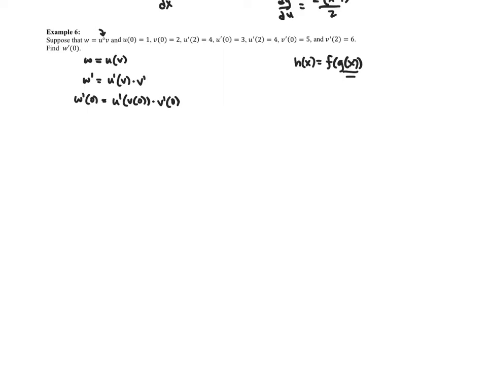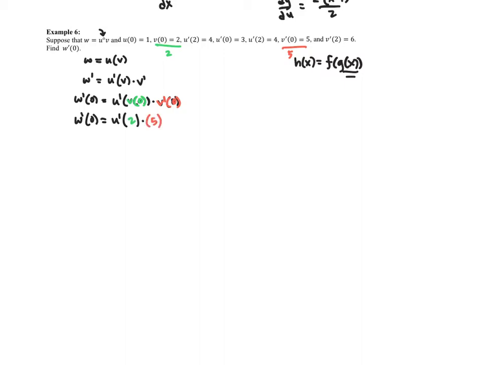Okay, V of 0, I think we're given up here, yeah, we're given 2. And V prime of 0 we're also given, and it's 5. So W prime of 0 will equal U prime of 2 times V prime of 0, which is 5.